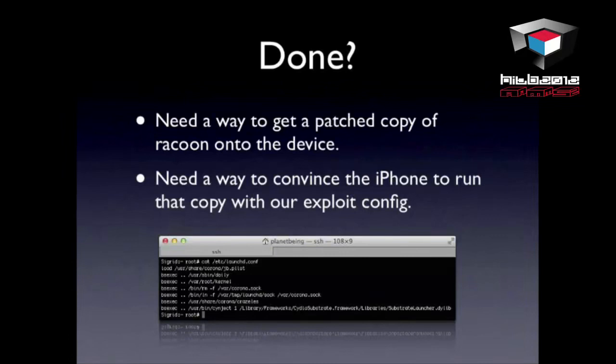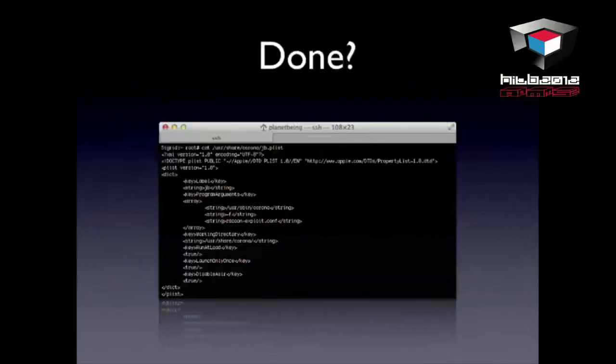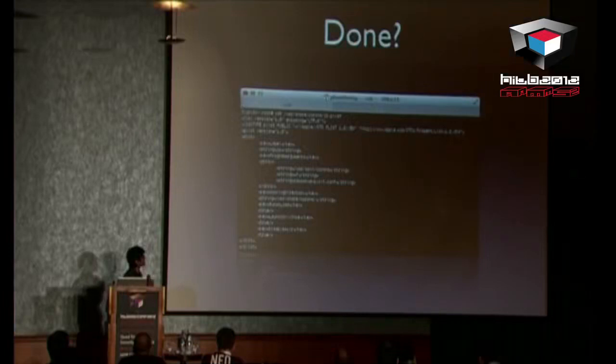This is the way we did it in the untether: etc launchd-conf, which tells launchd, which is like process 1 in the iOS world, like init in the Linux world, to load this plist, which tells it to run this patched copy of Raccoon with our exploit configuration file and disable ASLR. So that's great, and we could put those two files on the file system with limera1n.